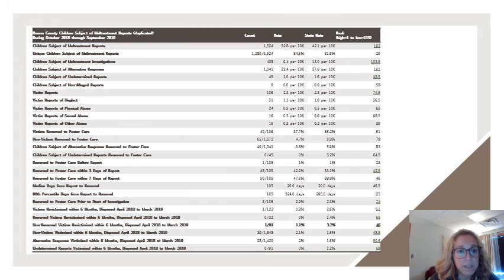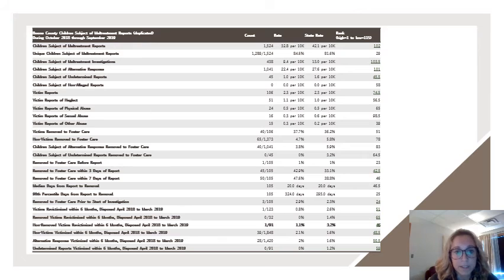And then you go on to different areas of victim reports of neglect, victim reports of physical abuse, sexual abuse, other abuse, victims removed to foster care, non-victims removed to foster care, children subject to alternative response removed to foster care, and so on. These numbers are alarming.